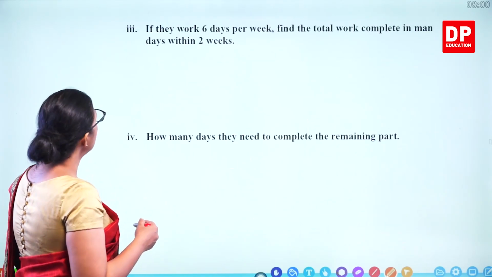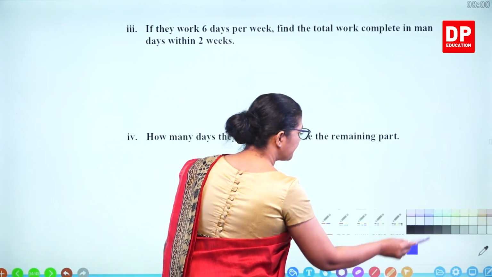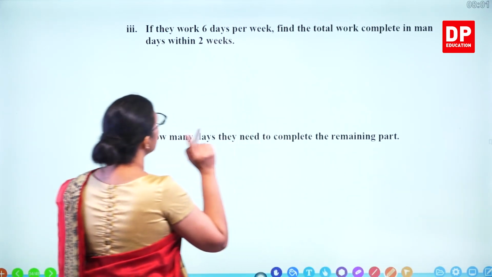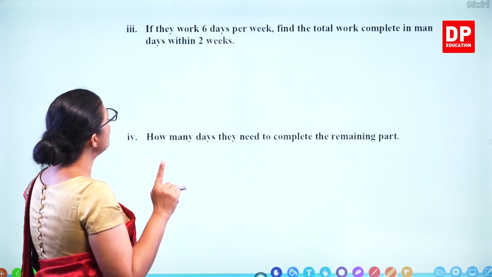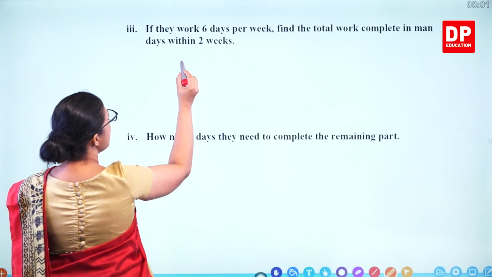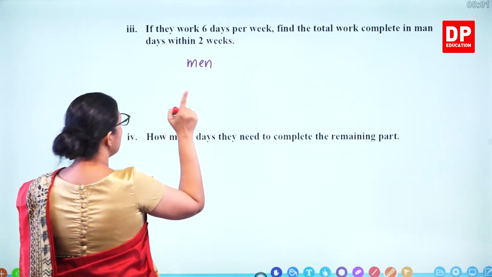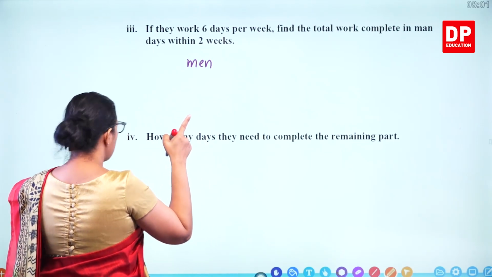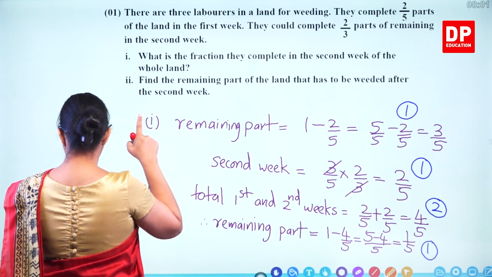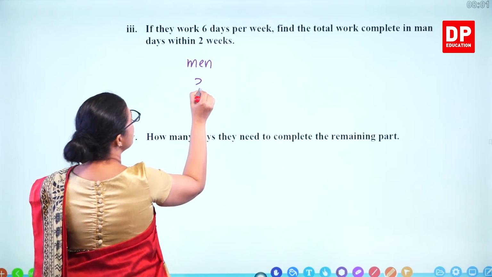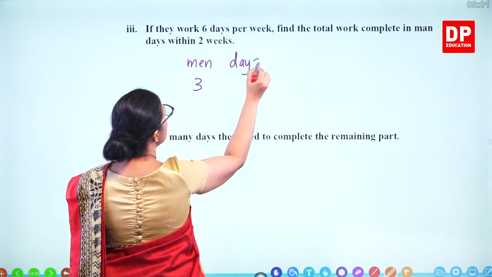Now we'll take the third one. If they work 6 days per week, find the total work completed in man days within 2 weeks. So how many men? It says here 3 laborers. Men 3 and number of days 6.